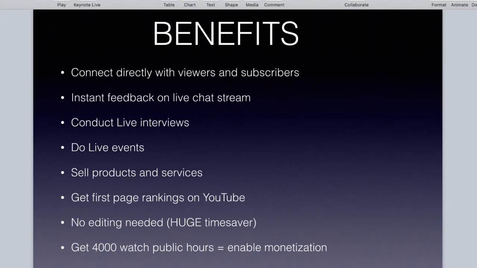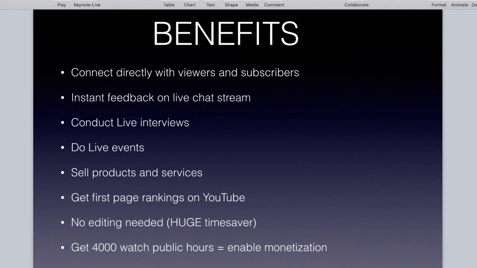For live stream on YouTube, you have something called Super Chat, which people can donate a super chat to have their comments at the top of the live stream. You can also recommend any products and services that you may have, so that can be part of your live streaming.